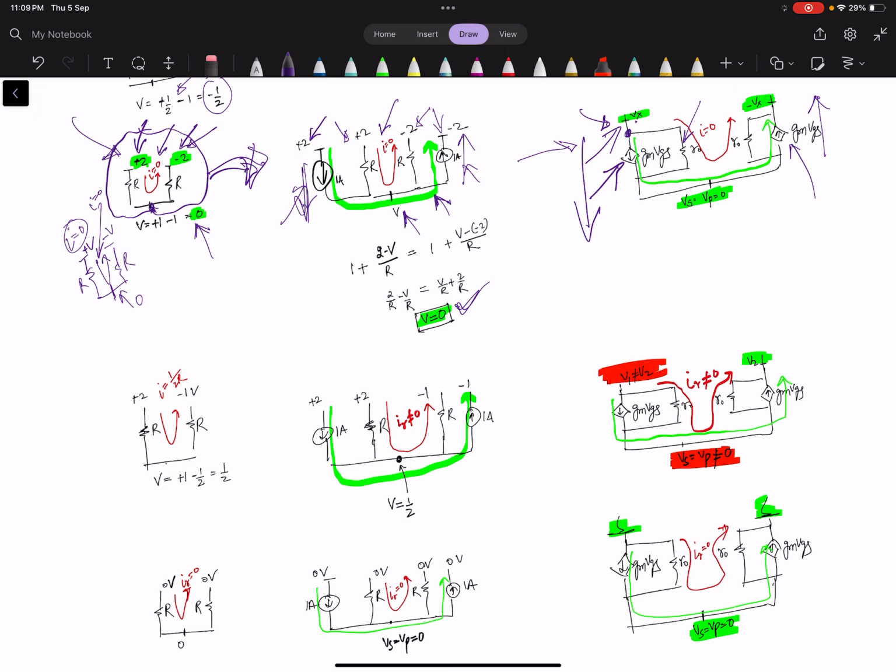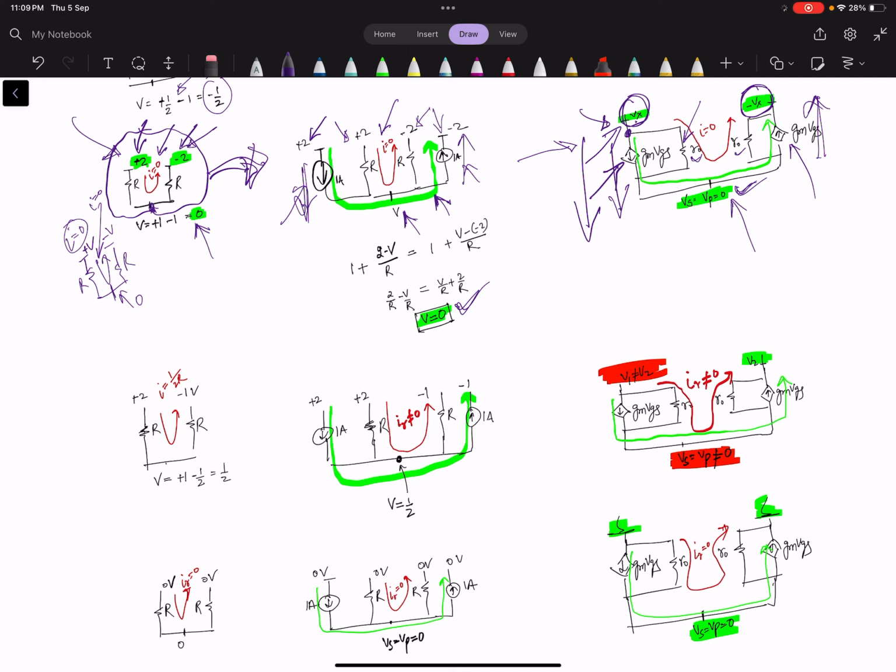So the magnitude of the current is the same, but the direction is opposite, and the resistance is the same. Only thing is that this is Vx and this is minus Vx. Then you see, this potential will be 0 volt. How?